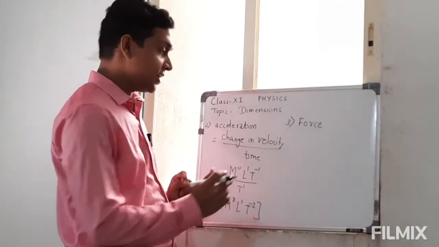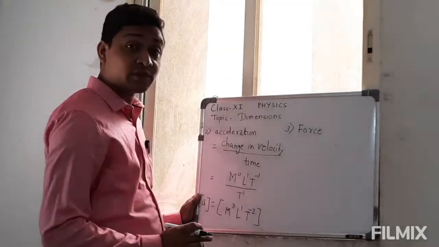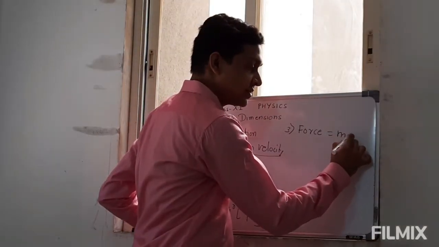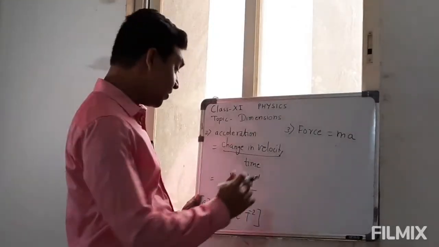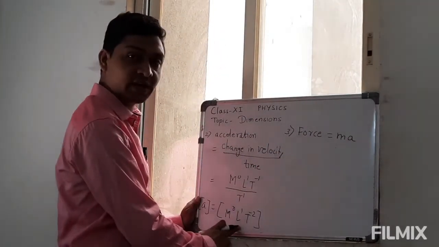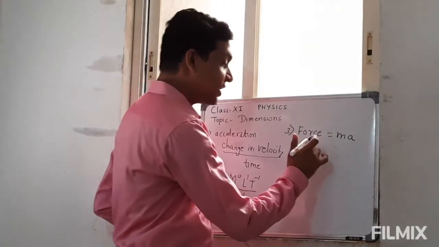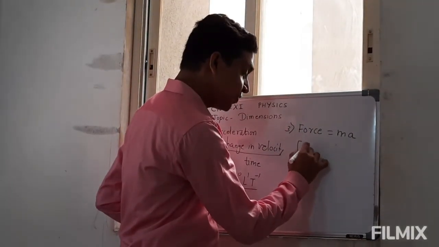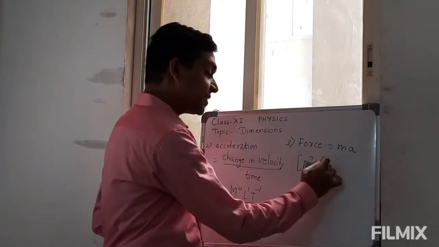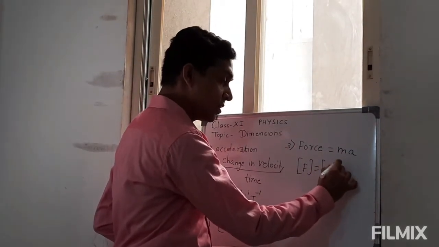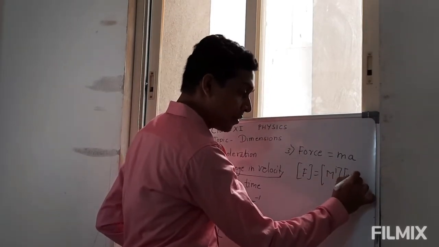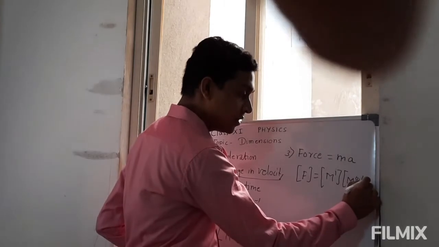Third example we can take, that is force. What is the formula for force? Yes, it is mass into acceleration. We already know the dimensions for acceleration are M0, L1, T-2, so we can use that over here. So dimensions of force will be equal to dimensions of mass, that we can write as M1, times dimensions of acceleration as M0, L1, T-2.